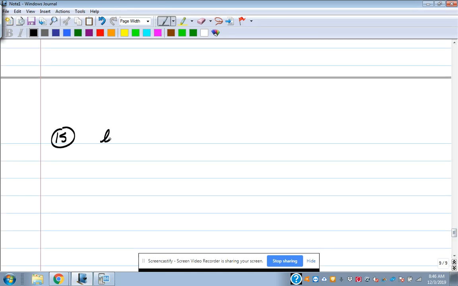Let's look at this one. Log base 4 of x plus 12 equals 3 minus log base 4 of x. And this one is a little tricky.